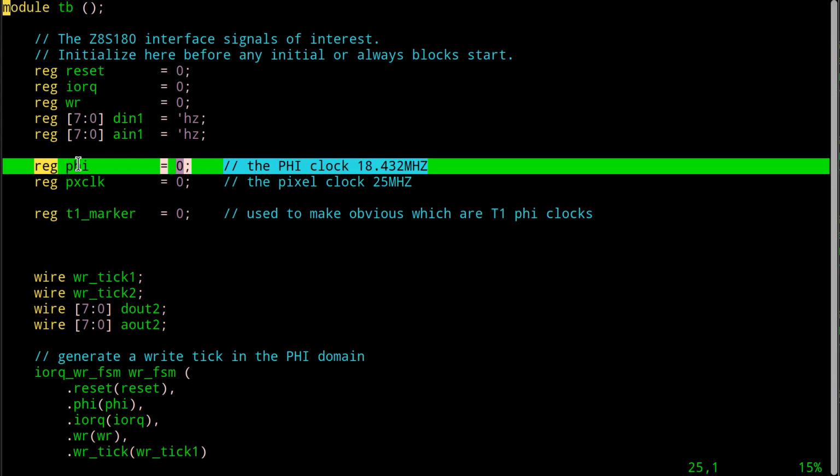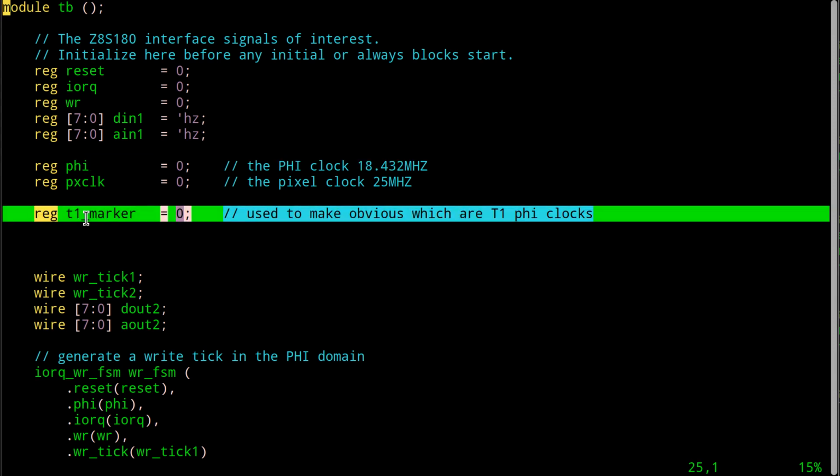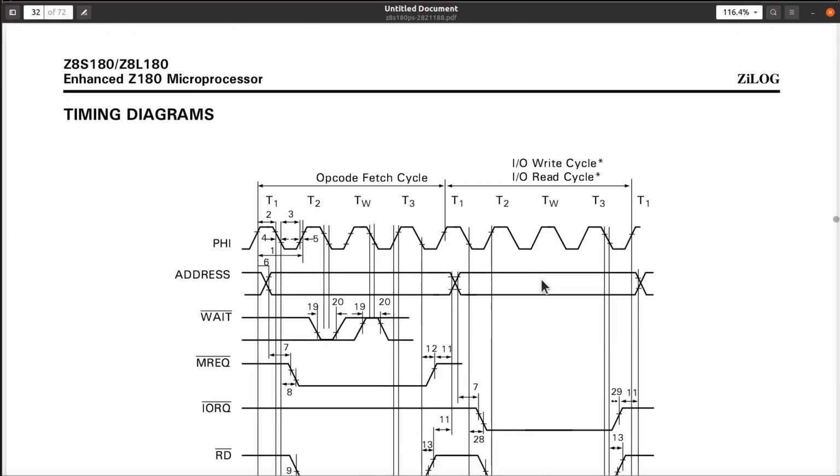Here's my phi clock. Now I also have a T1 marker that is for my own sanity, because when you generate this, you just have clocks ticking and stuff happening all the time. You need to know without any confusion whatsoever when these T1 cycles take place, so you always have your bearings.